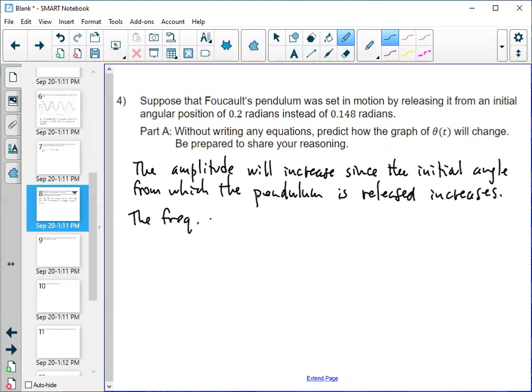The frequency nor period will change, since neither depends on the initial angle.